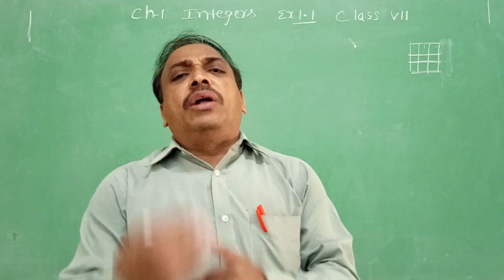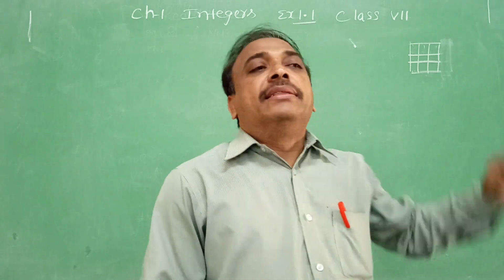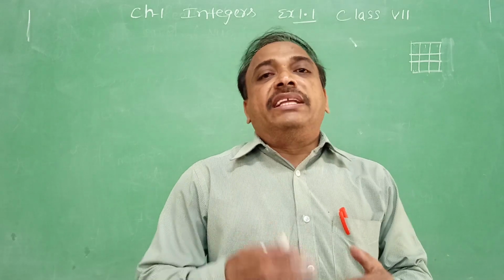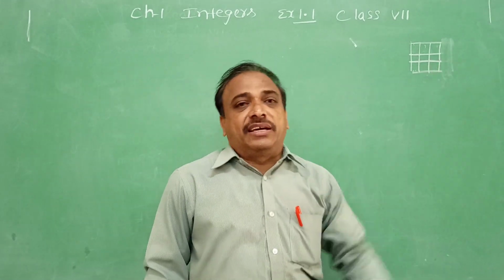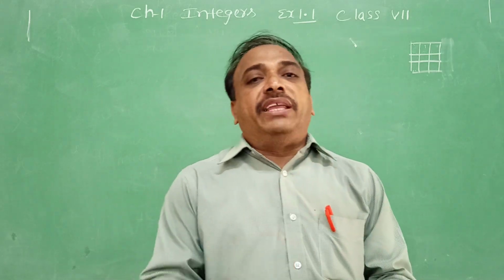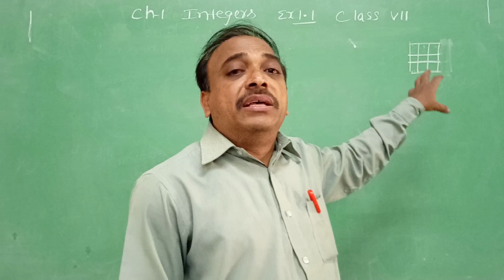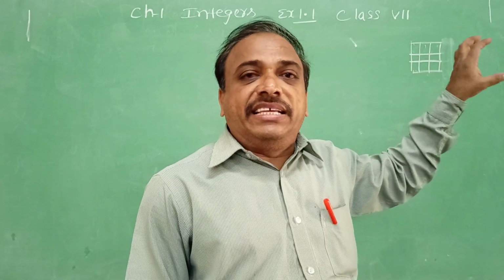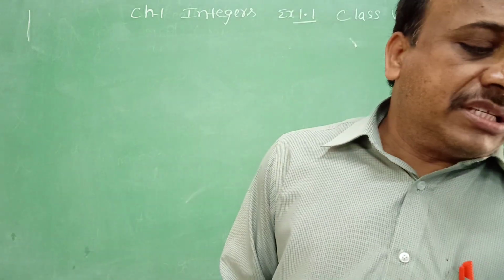If you get all the sums equal to the same number, then that is a magic square. If not, that is not a magic square. There are two such questions on the magic square, so you can verify by adding the given digits in the boxes.